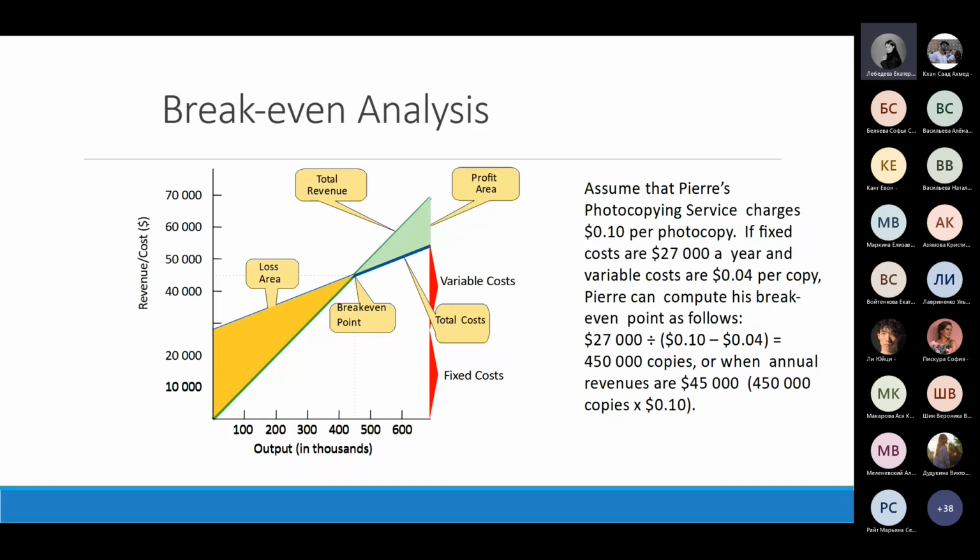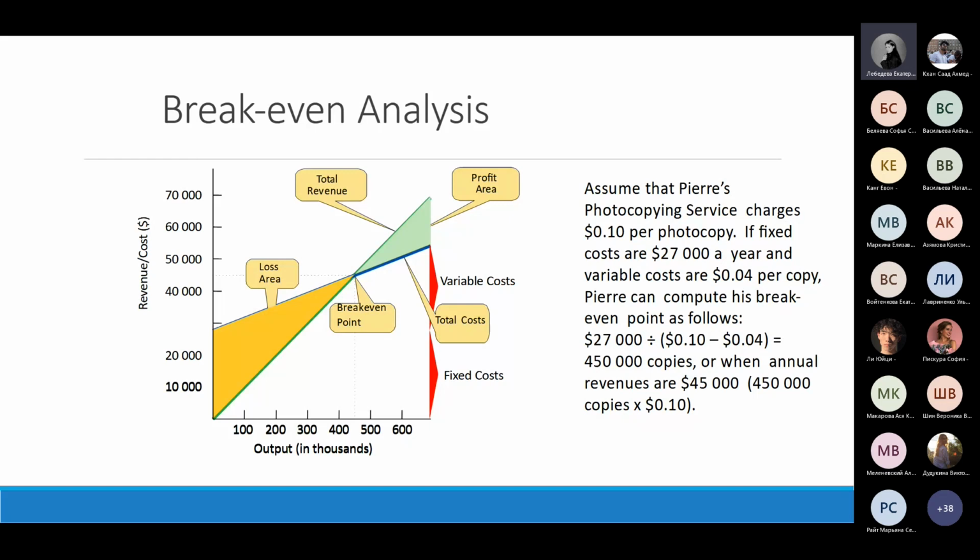We cannot compare 1 hour of consultancy, for example, to another hour of consultancy because they are individual. For those firms, we can calculate break-even analysis in dollars. And in that case, break-even point would give us the information about the minimum revenue that this company should collect for the period in order to save the business.